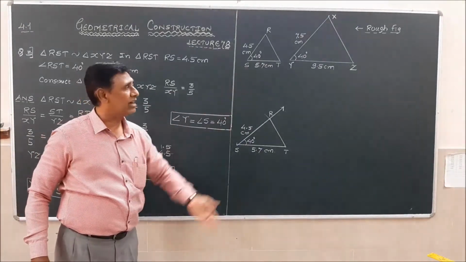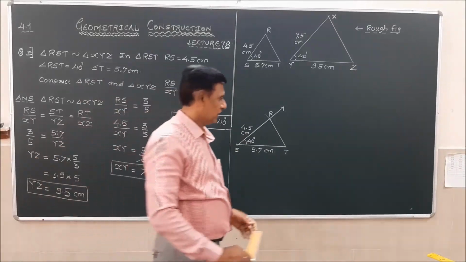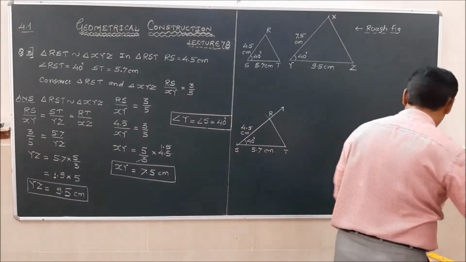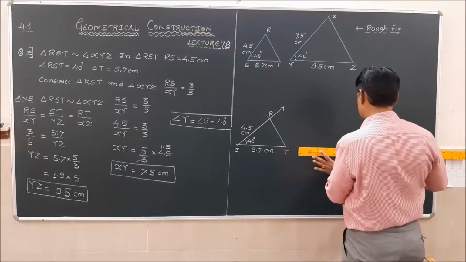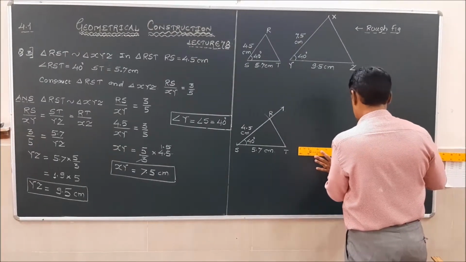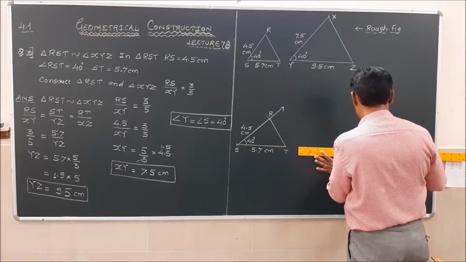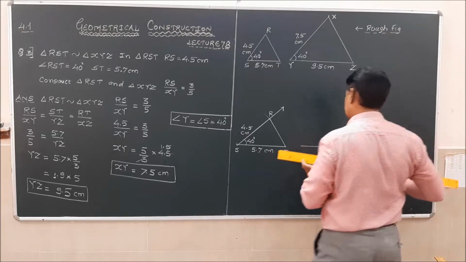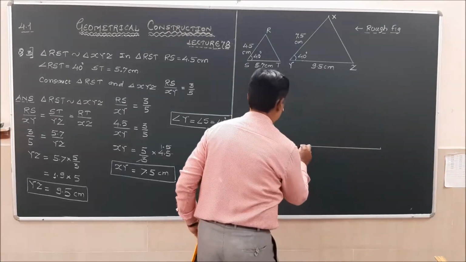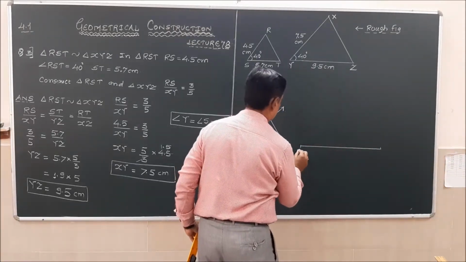We know the value of YZ which is 9.5. So first you draw a base of 9.5, always starting from 0. YZ.